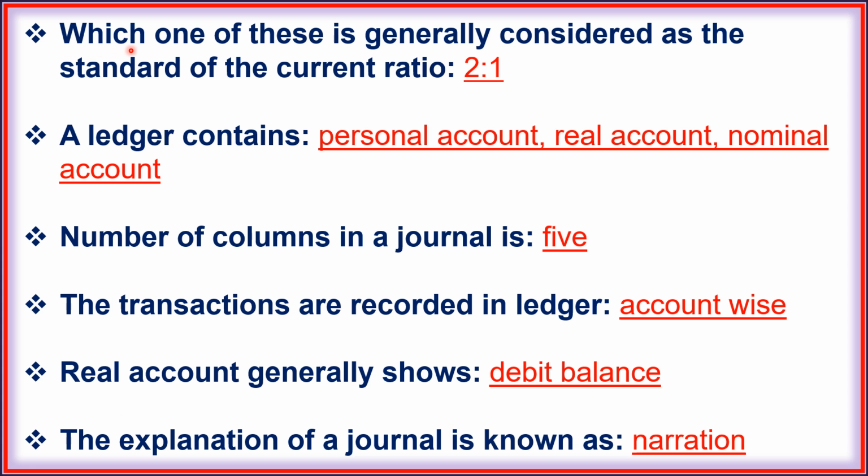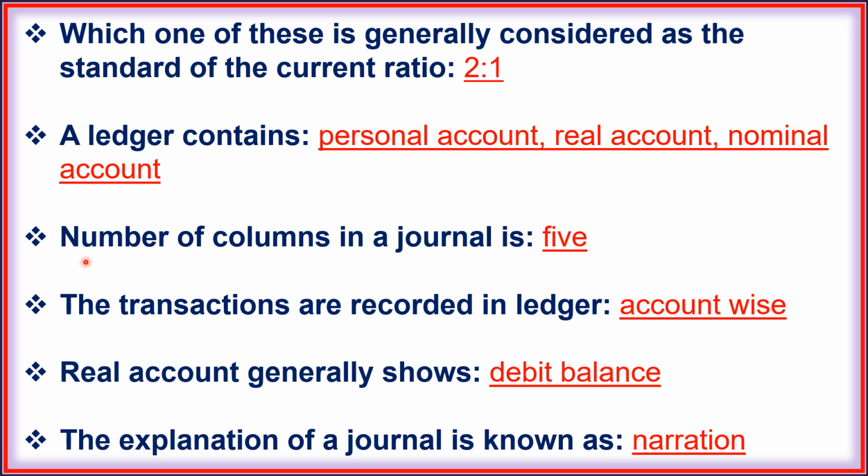Next, which one of these is generally considered as the standard of the current ratio, that is 2:1? Next, a ledger contains personal account, real account and nominal account.